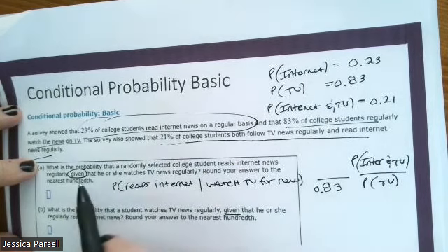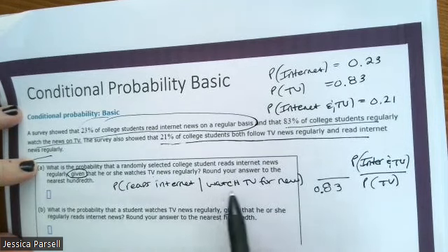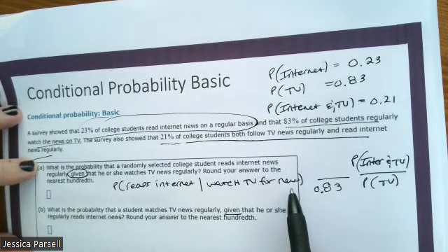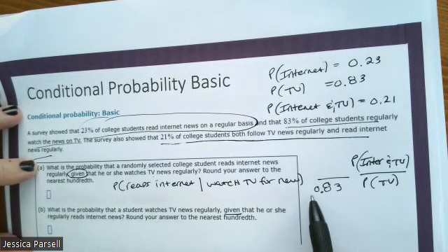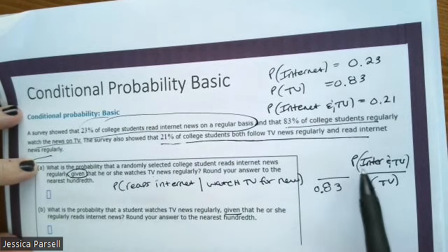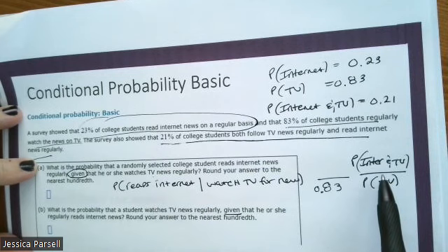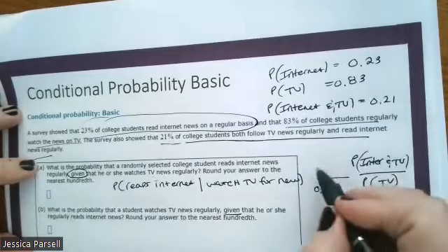So we know that because of the word given, we want to make sure that we have watch TV for news as our denominator, 0.83, and the top is going to be the probability that they are catching their news through the internet and TV, which is 0.21.